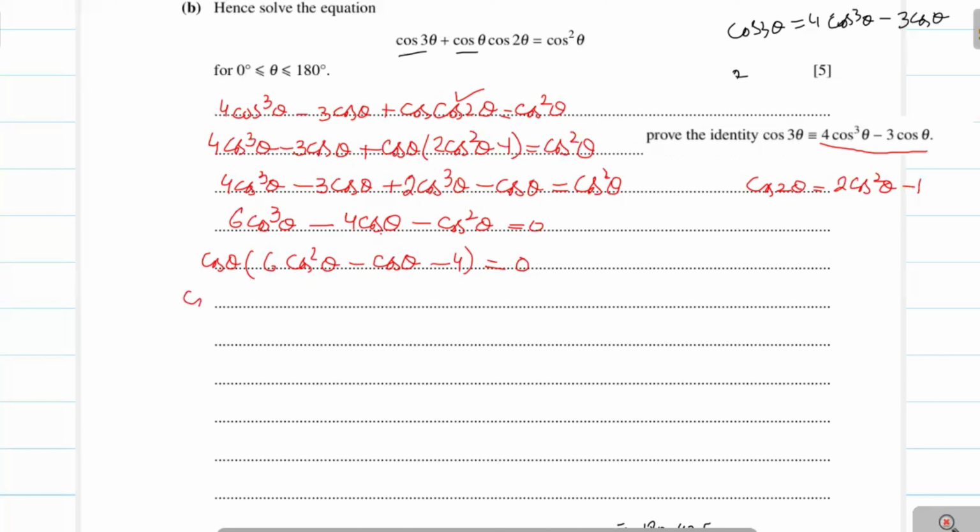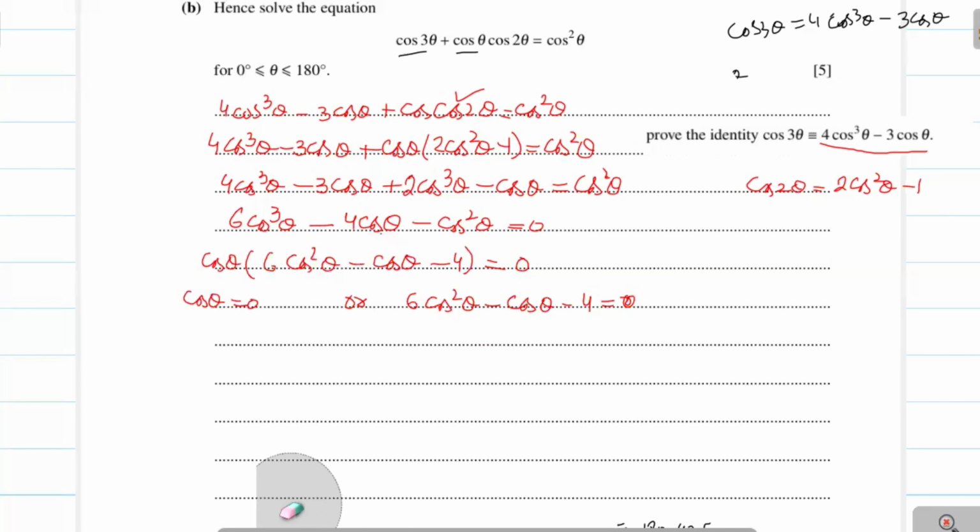Now we can write cos θ equals 0 or 6cos²θ minus cos θ minus 4 equals 0. We can solve this equation by using the quadratic formula because this is a quadratic equation in the form of cos θ.